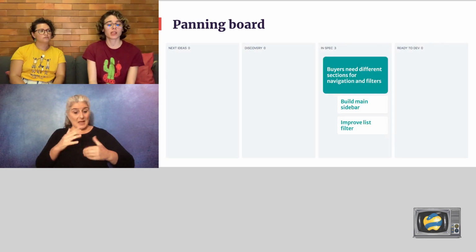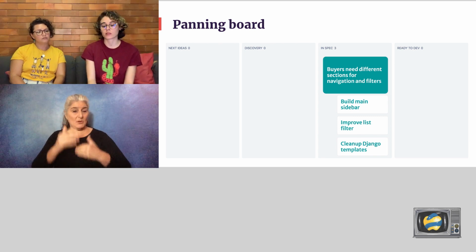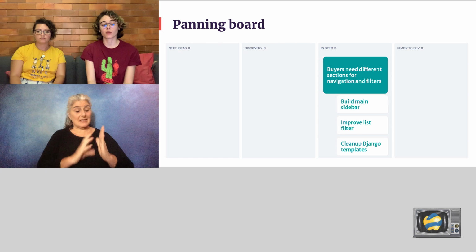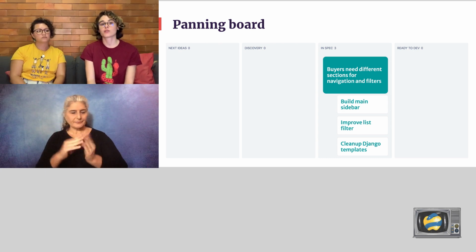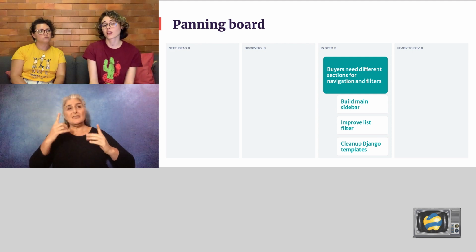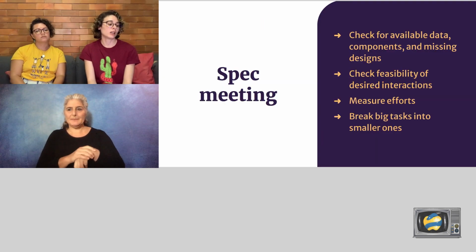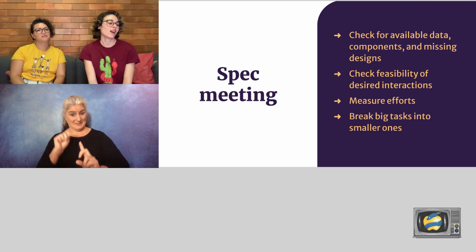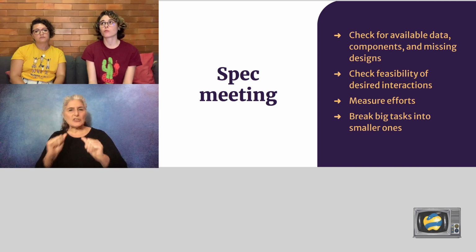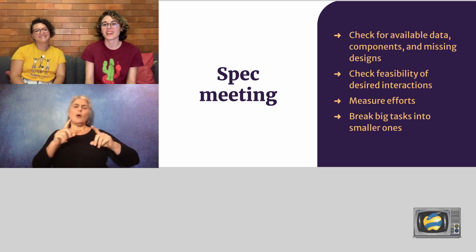But after that, we would do what's really fundamental in this new process that we've built. That's the spec meeting. And that's a phase where designers and developers would get together to think of the designs that were built, to think if it's really achievable, if it would take too much time, if it's really doable, and also to measure efforts needed for it, and also to break some tasks into smaller ones, because you know how things get.